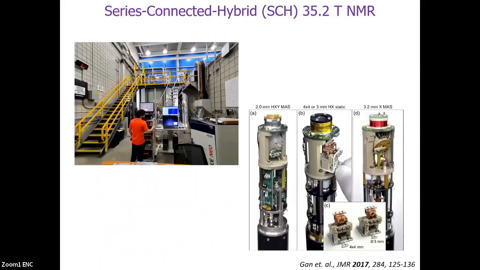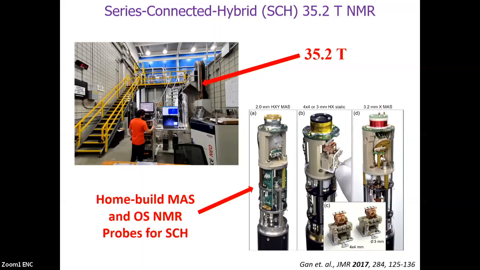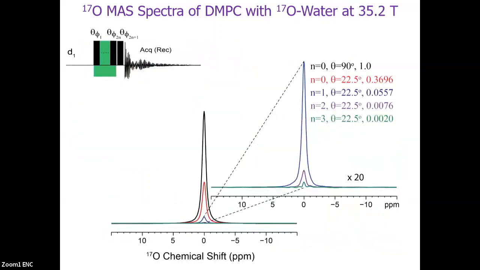So with that in hand, now we need to do some real work, which is the magnet here, the 35.2 Tesla, and the home-built MS probe and oriented NMR probes to obtain the signals.